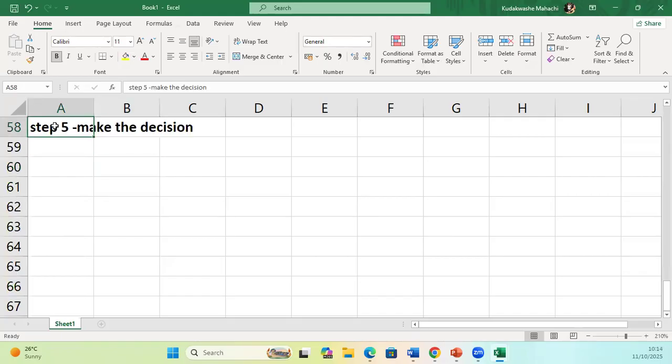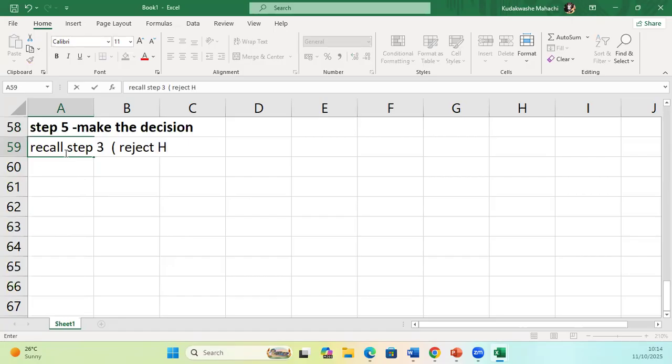If we go back to step number 3, the last point was saying, reject H naught if the test statistic is greater than 1.2816.